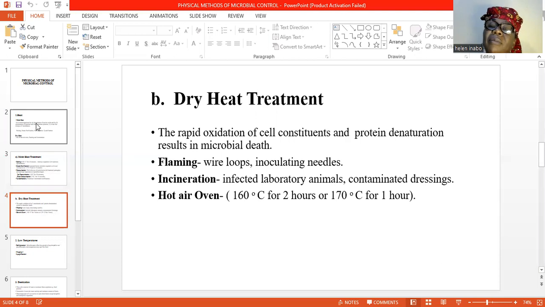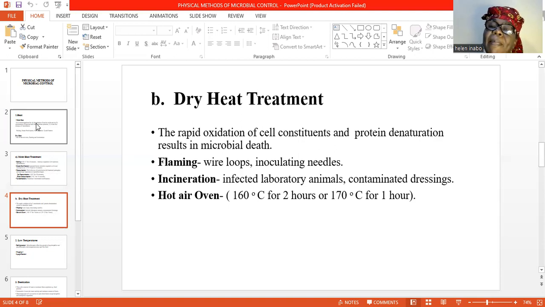Now, you have the use of incinerators. You have the infected laboratory animals. They are best burnt. With pathogenic organisms, they shouldn't be thrown away like that in the refuse bin. Also, contaminated dressings should be burnt.